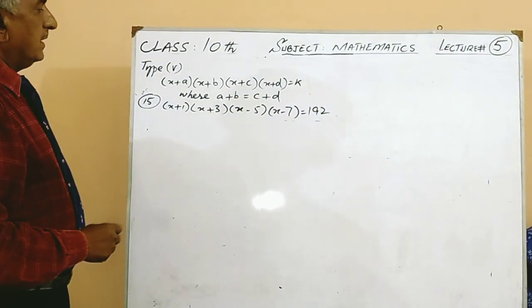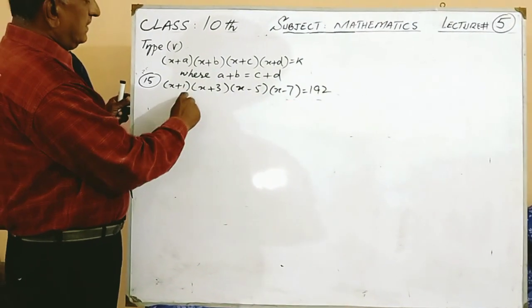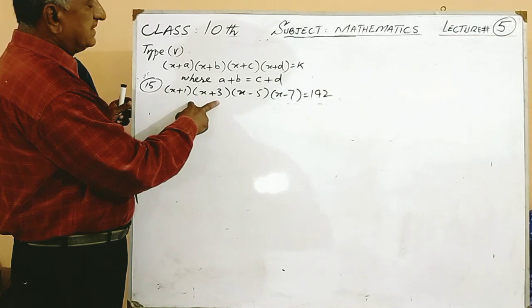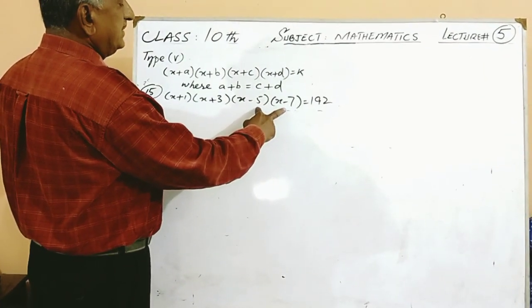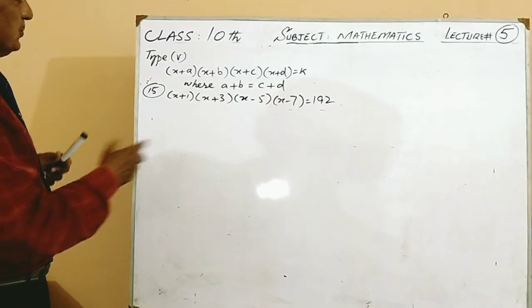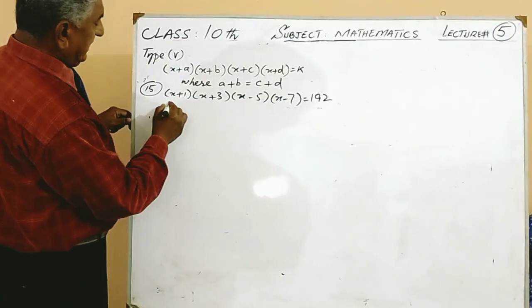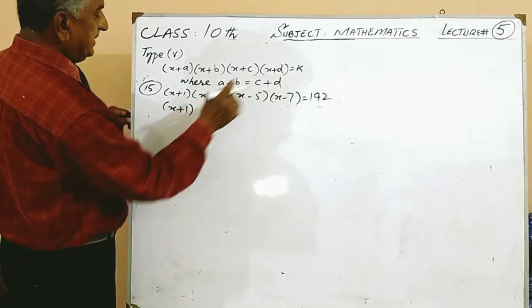So, in a question where, for example, the sum of these two constants is not equal to the sum of these two constants, in that case, you have to arrange the factors to satisfy this condition.